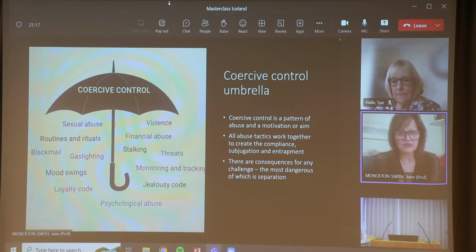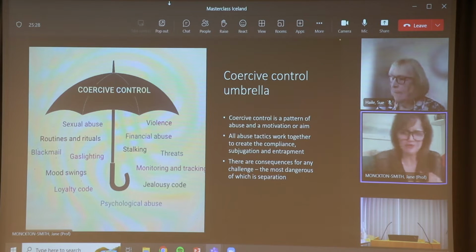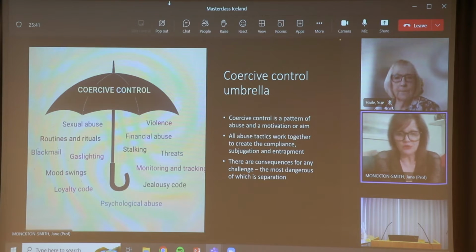And all of the things that you see underneath this umbrella are tactics used by the controlling people to achieve control, to enforce control, to introduce control. So violence is an incredibly effective way to make somebody do what you want them to do. And if even partially what you want them to do is stay in the relationship, that's really effective.